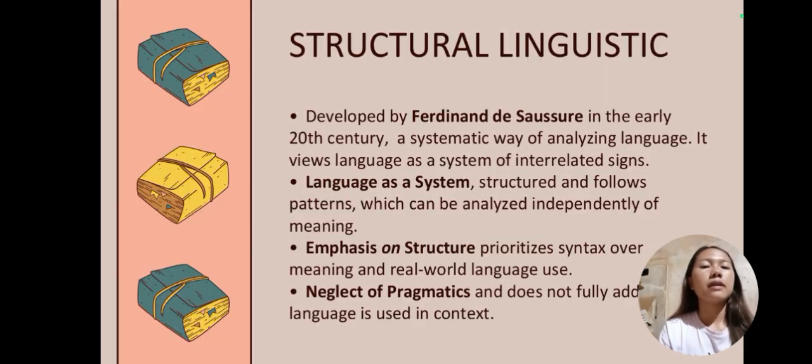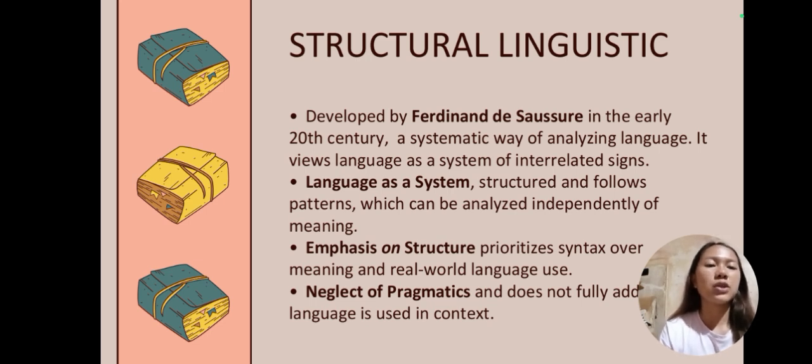Second is structural linguistics, developed by Ferdinand de Saussure in the early 20th century, a systematic way of analyzing language. It views language as a system of interrelated signs. Structural linguistics sees language as a structured system that follows patterns which can be analyzed independently of meaning.